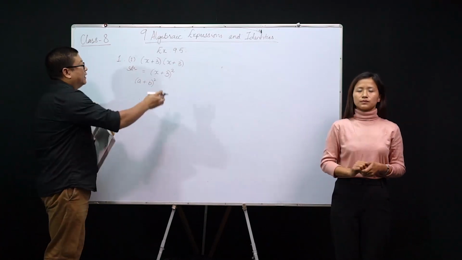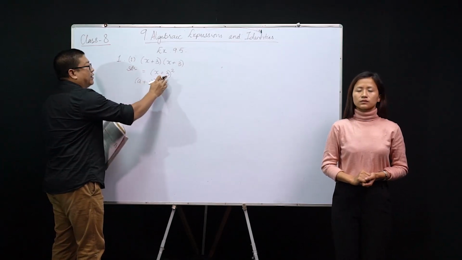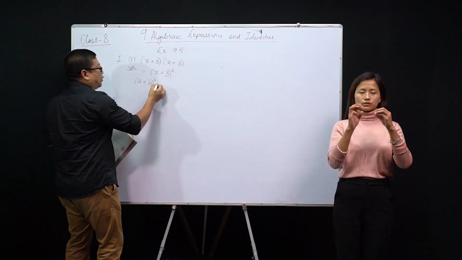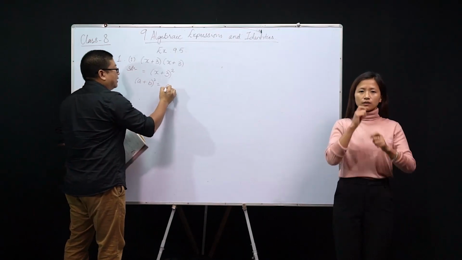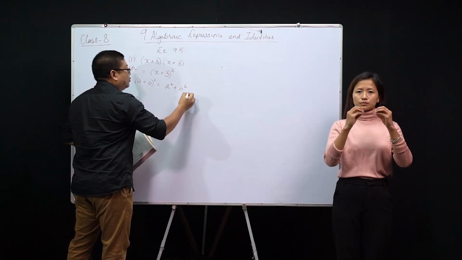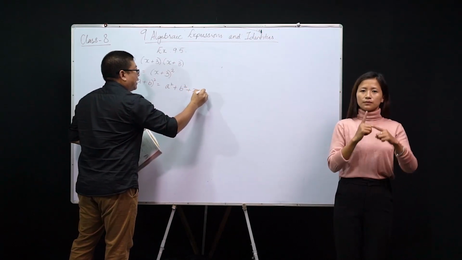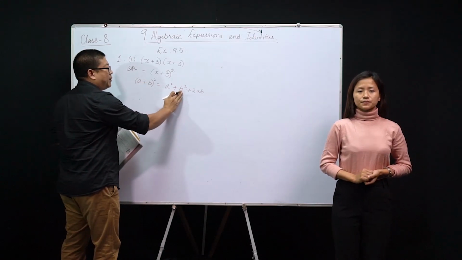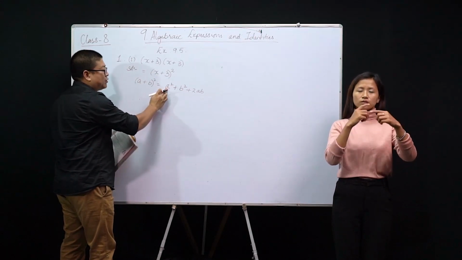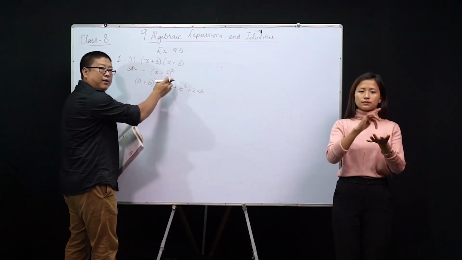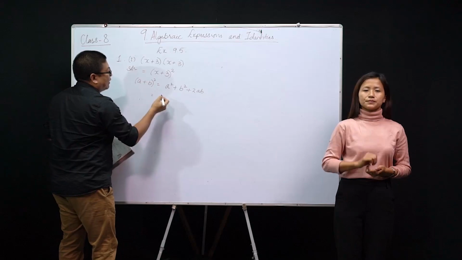Your x will be your a, your 3 will be your b. Now we know this expression, a to the power 2 plus b to the power 2 plus 2ab. Now in place of a, we will write x. In place of b, we will write 3.